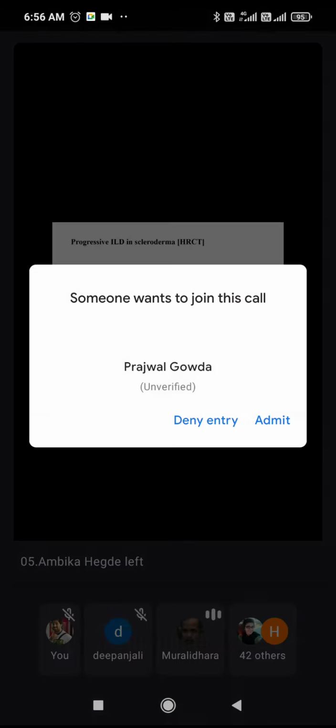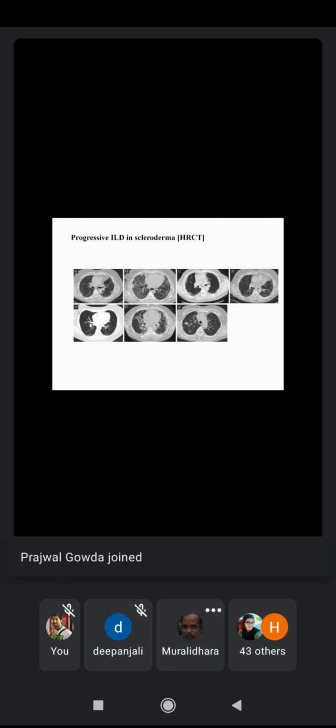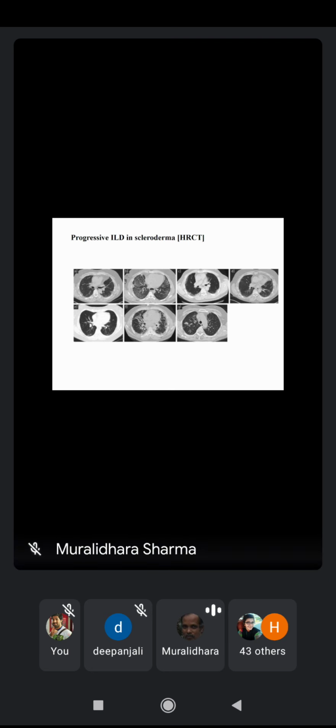Now, this series of HRCT images highlight the same issue: the interstitial lung disorders in different stages. The first four images are HRCT, high resolution. These three images are the moderate, usual CT images.